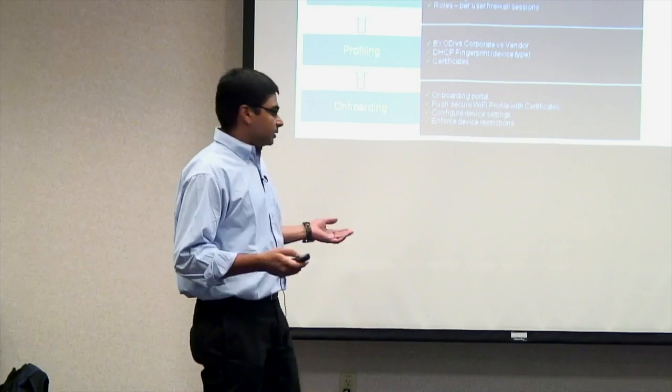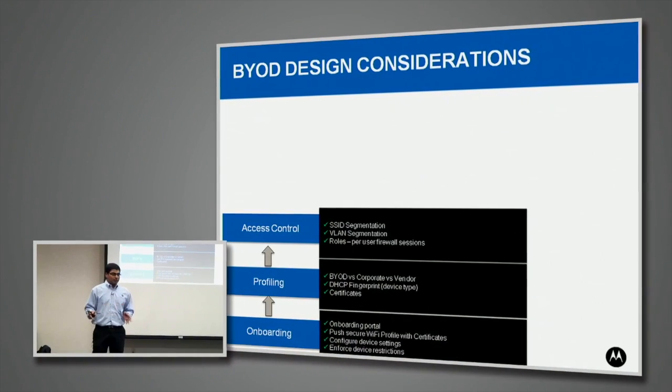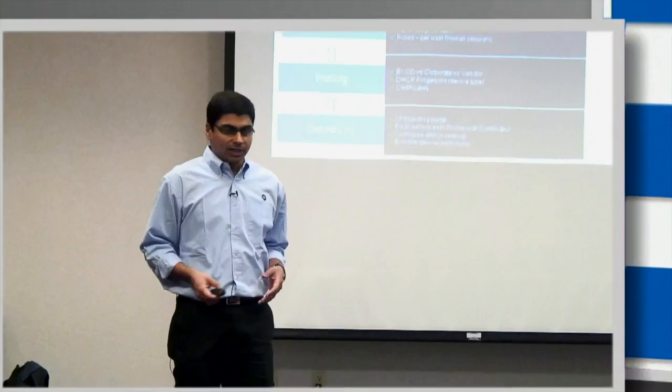Profiling, and then the next is access control, right? So you profile the device, you put them in different buckets, right? You put this device in a BYOD bucket, corporate issued bucket, or a vendor bucket, and then you apply access control, which means what resources the devices in these buckets can access, right? A popular method is to put them on different SSIDs, but that's not scalable, right?